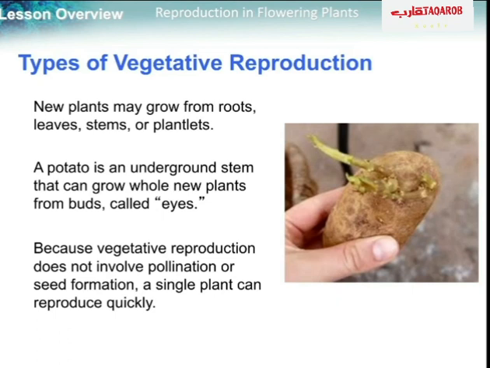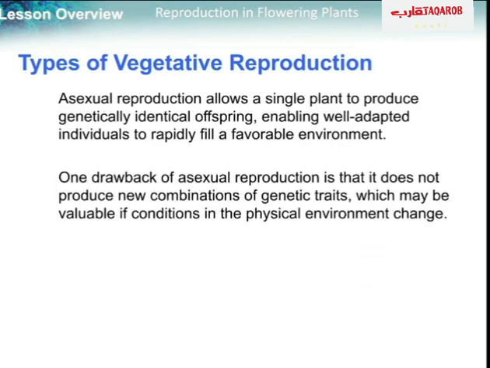Let's check the types of vegetative reproduction. New plants may grow from roots, leaves, stems, or plantlets. A potato, for example, is an underground stem that can grow a whole new plant from buds called eyes. Because vegetative reproduction doesn't involve pollination or seed formation, a single plant can reproduce quickly.